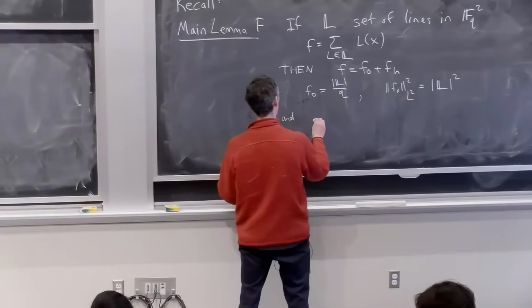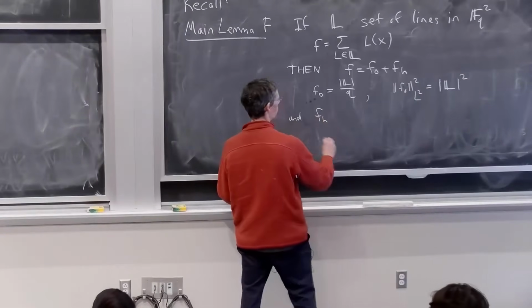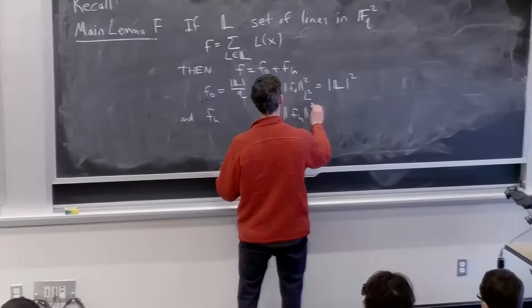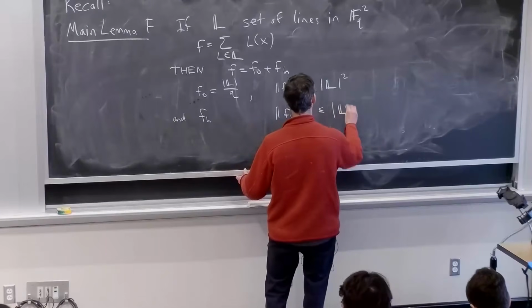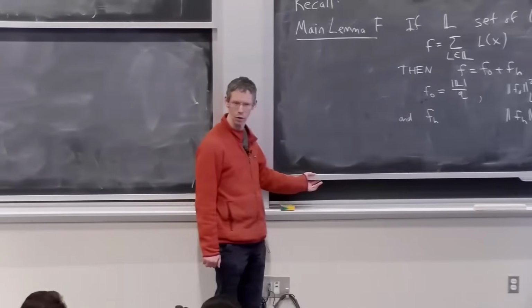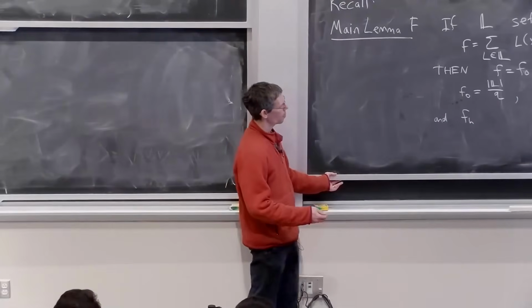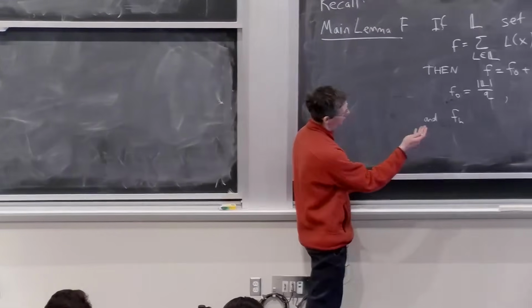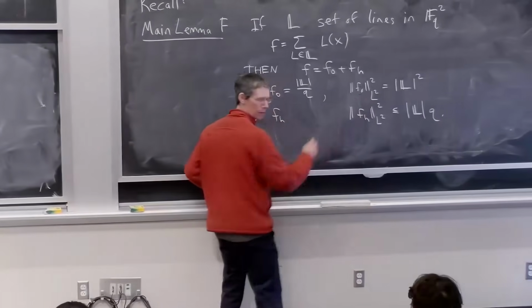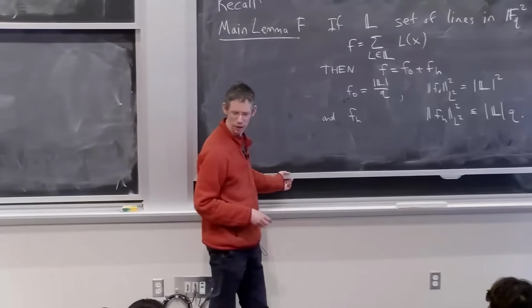And f high has mean 0. And we have a bound for its L2 norm. OK. So one thing that you can get out of this is a bound for the L2 norm of f. If you add these together, you get a bound for the L2 norm of f.